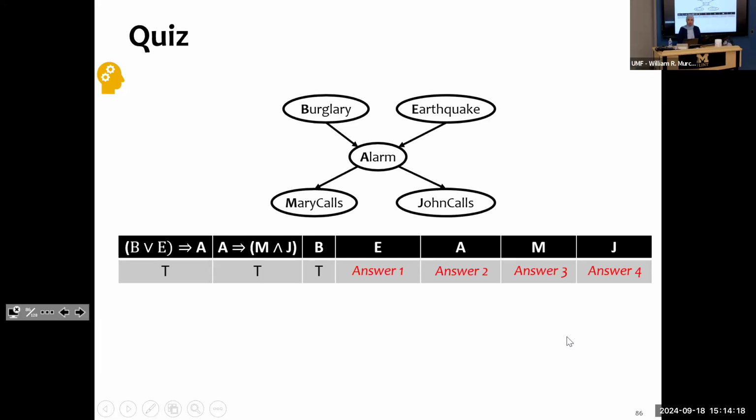Are you done? Correct answers? Okay, so we have the first one, which is true. B or E implies A. Then I have A implies N and J. So if I have knowledge that B is true in this case, what is E going to have as a result?